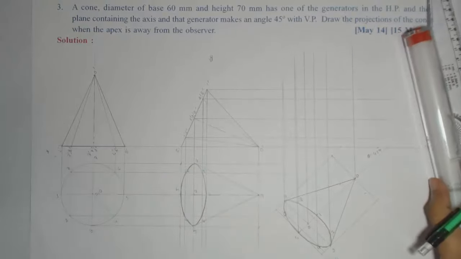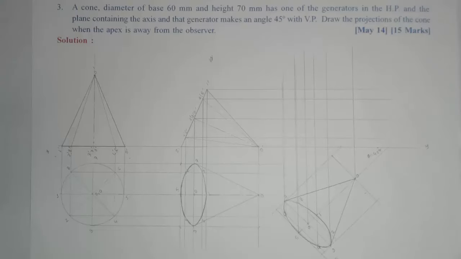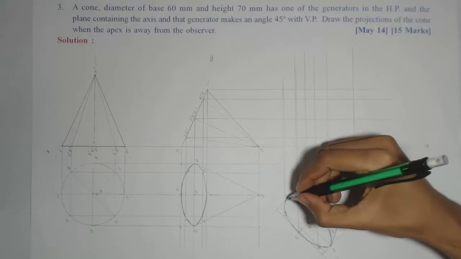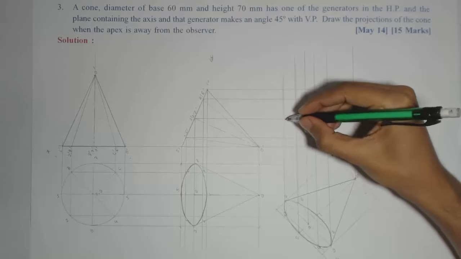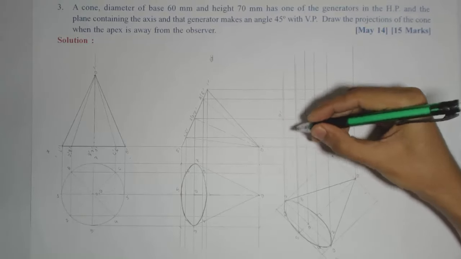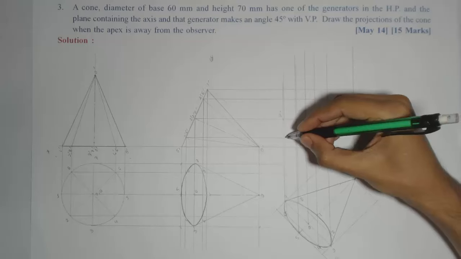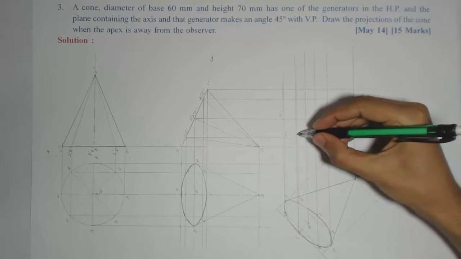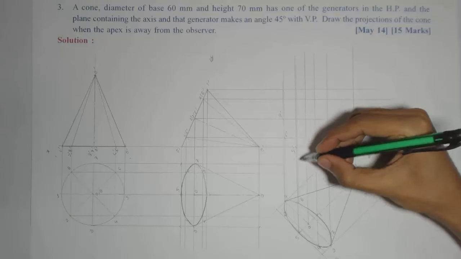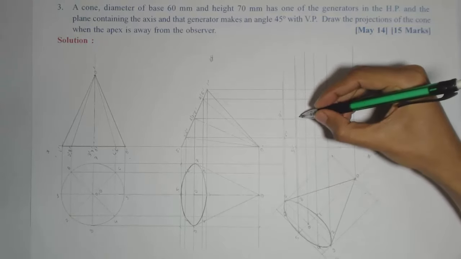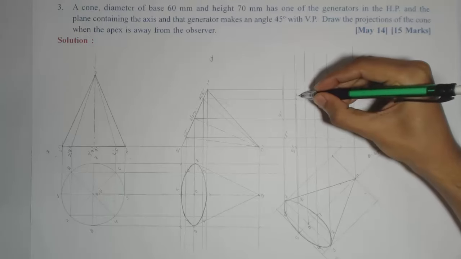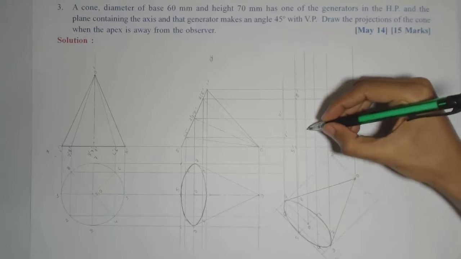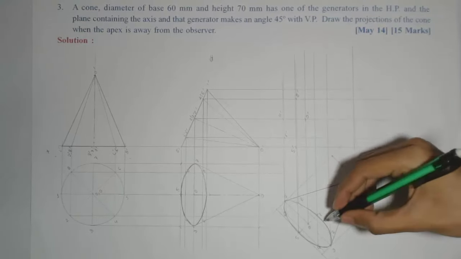Now we'll mark the points. First is 7, so 7 dash is here. Then 6 dash is here, then 5 dash is on the xy, then 8 dash is here, then 4, the center of the base, will be here.